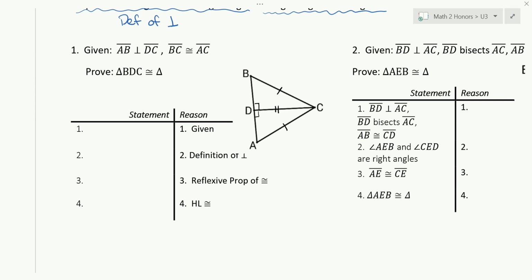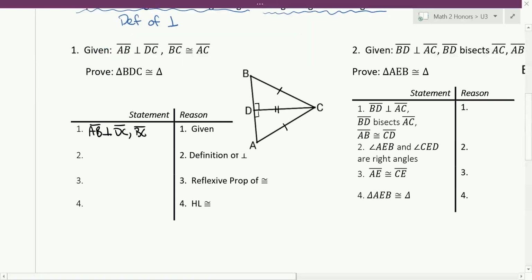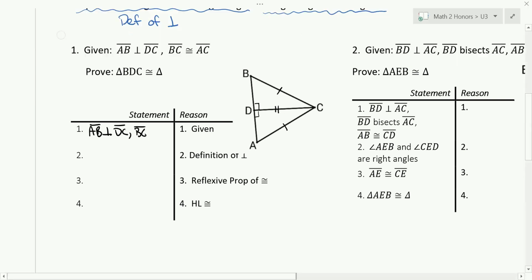Okay. So our given is AB is perpendicular to DC. BC is congruent, not perpendicular, to AC.